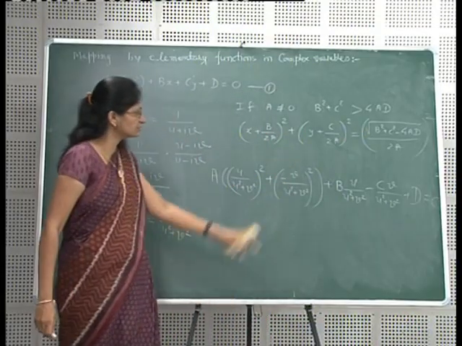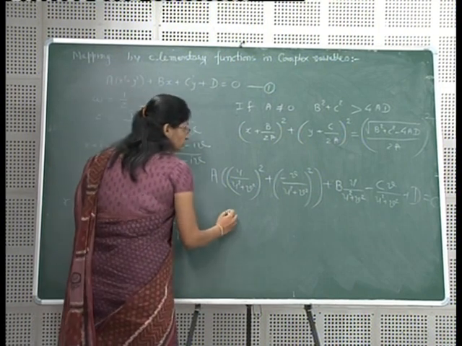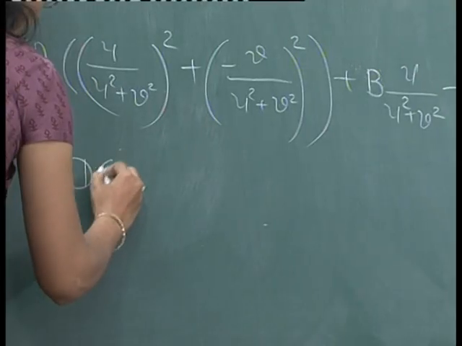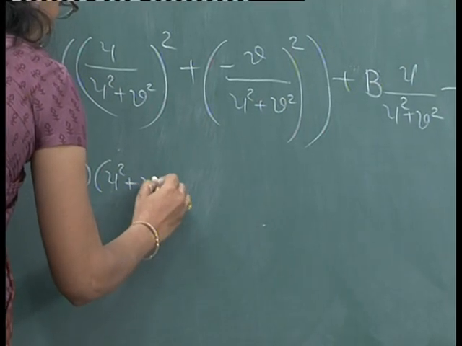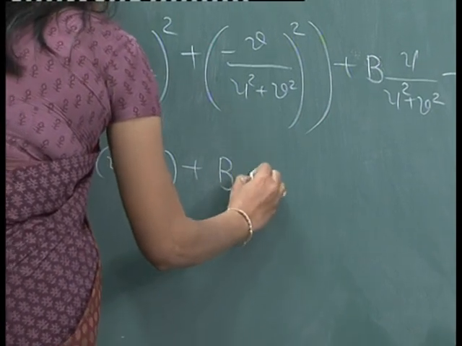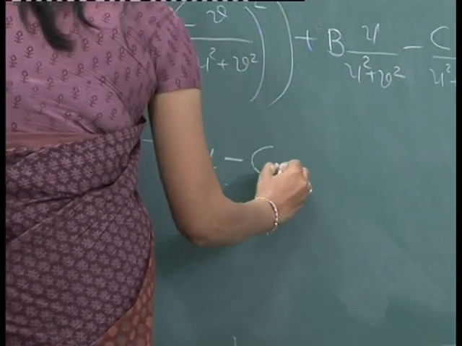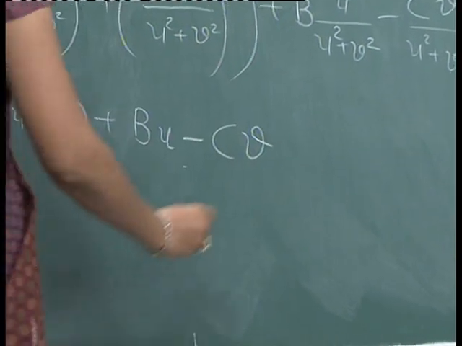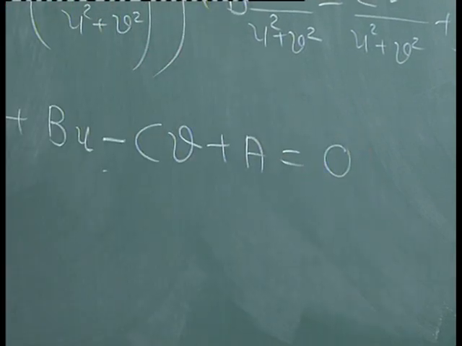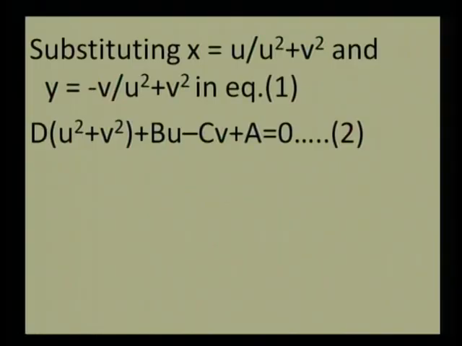Now simplifying this equation and multiplying by u square plus v square, we have d times (u square plus v square) plus bu minus cv and plus a is equal to 0. So this is the image of 1 under the transformation W is equal to 1/Z.